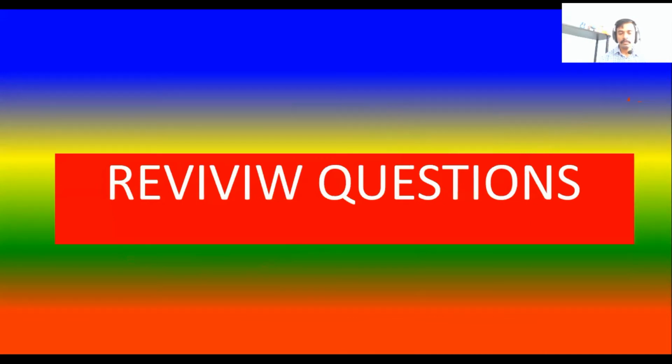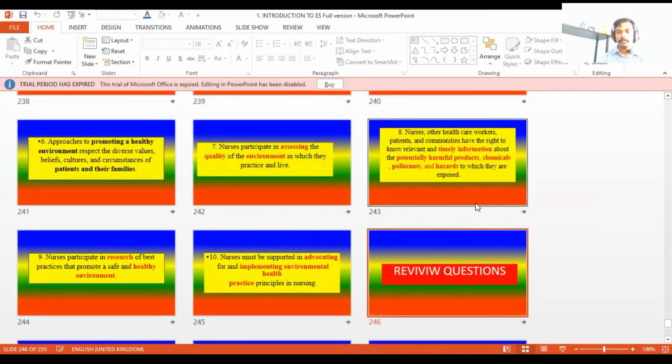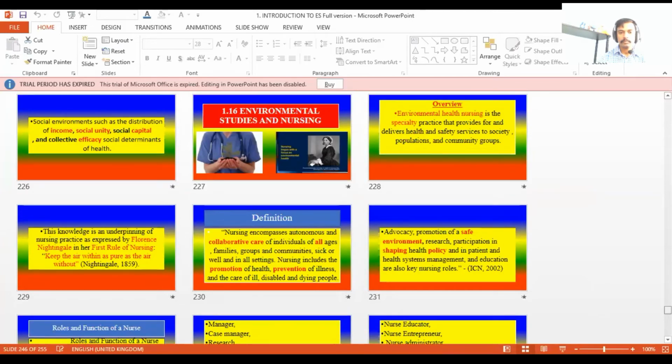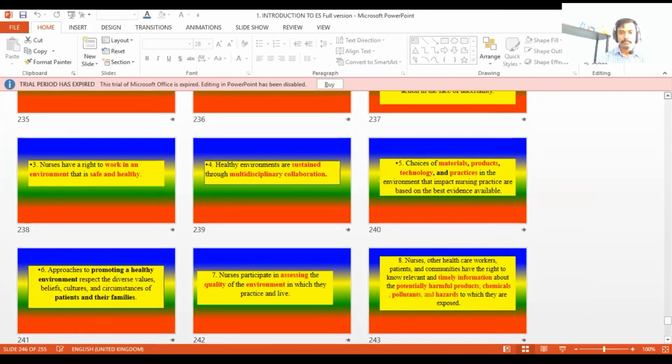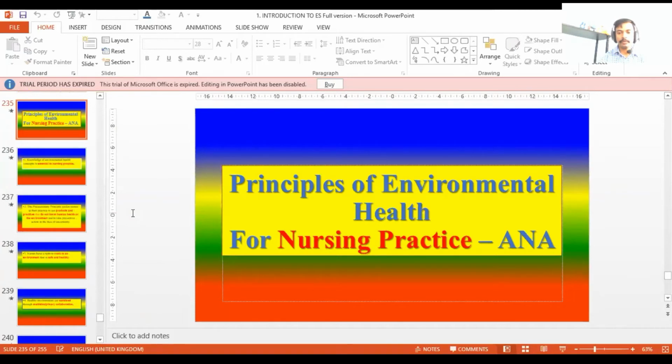So these are the 10 principles of environmental health for nursing practice according to the American Nurses Association.